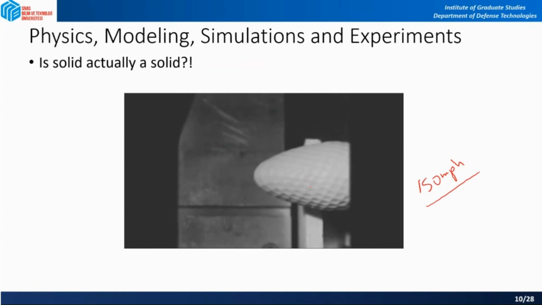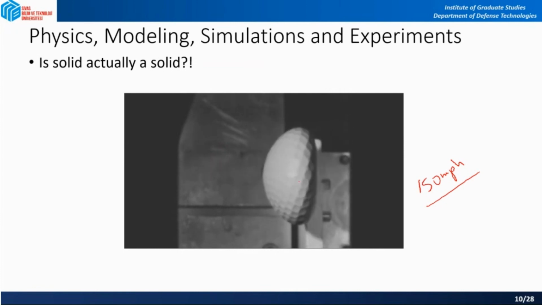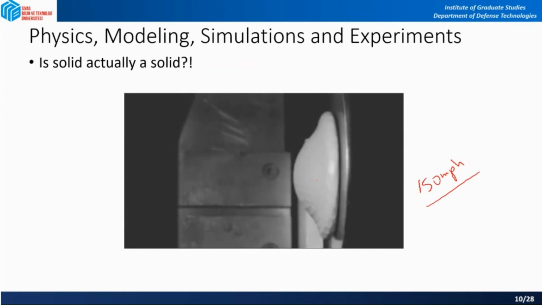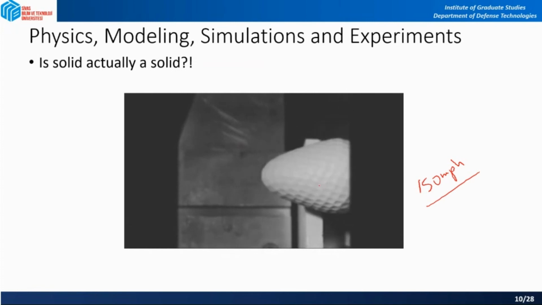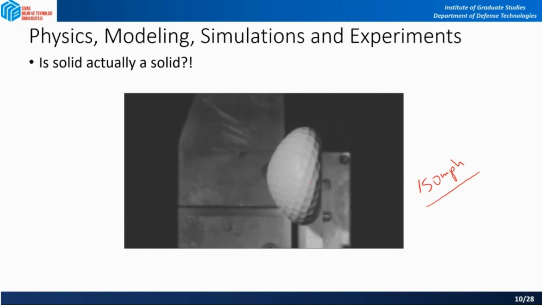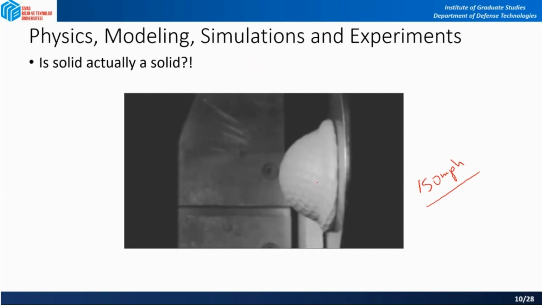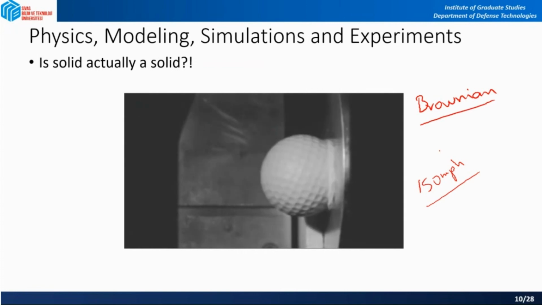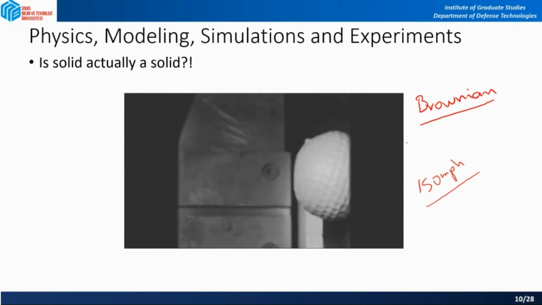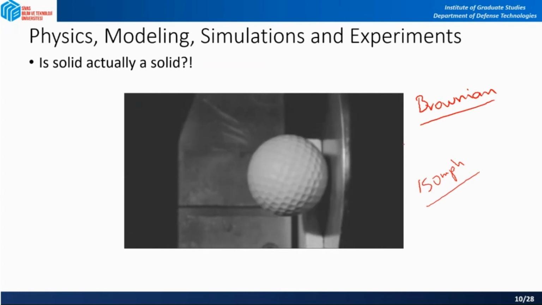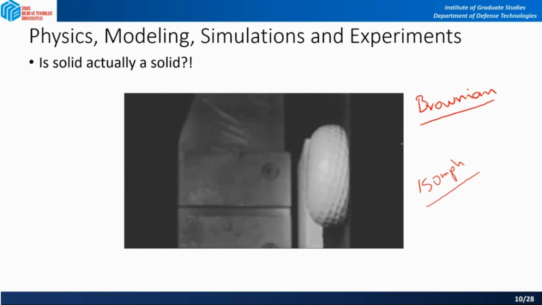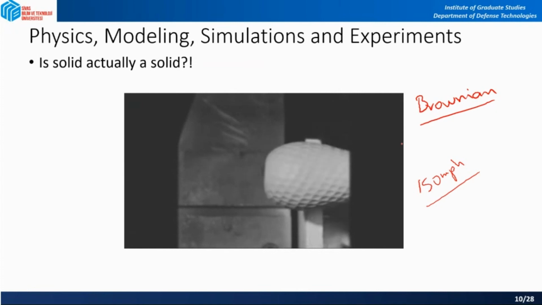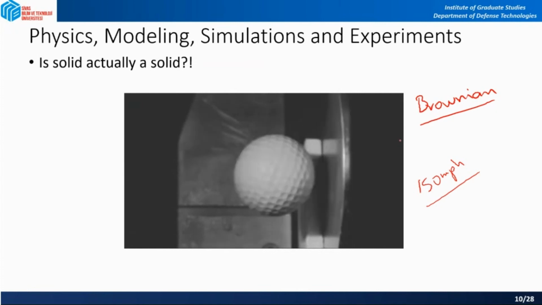See, this is a golf ball. It's a very solid thing, but it is acting like a bubble, or what we call Brownian motion. It's strange, no? If you're not getting angry with me, I have to say that solids also are subsets of fluids.